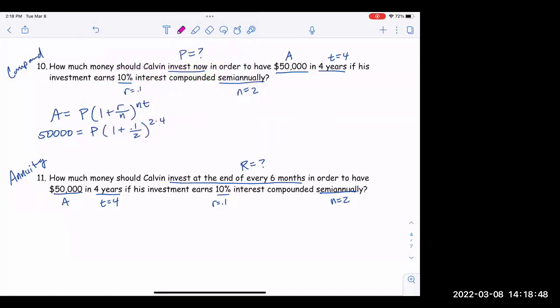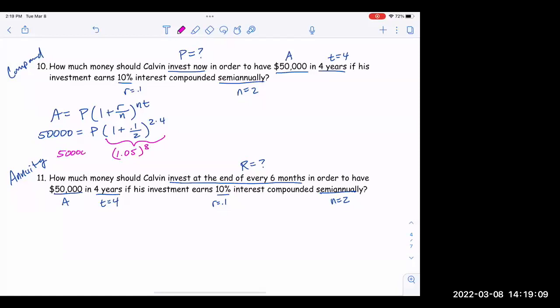I'm going to go ahead and calculate this part of the formula. I can just do that bit by bit. 0.1 divided by 2 gives me 0.05. If I add 1 to that, I get 1.05, and 2 times 4 is really 8.